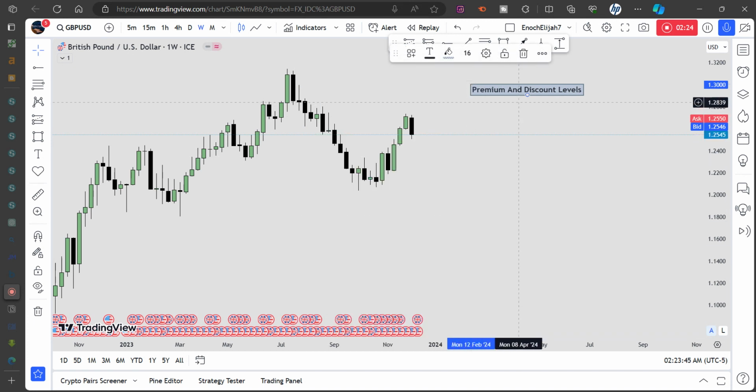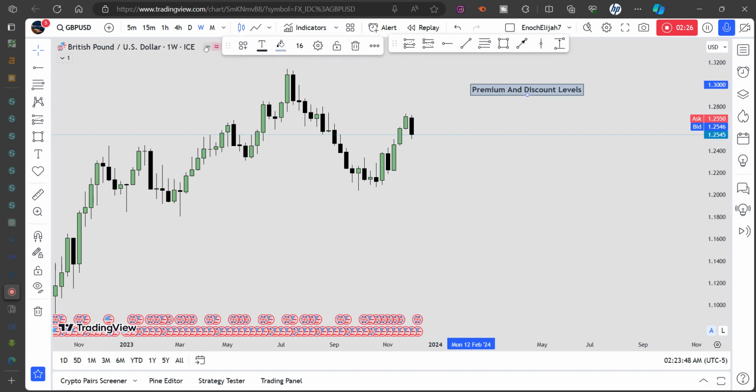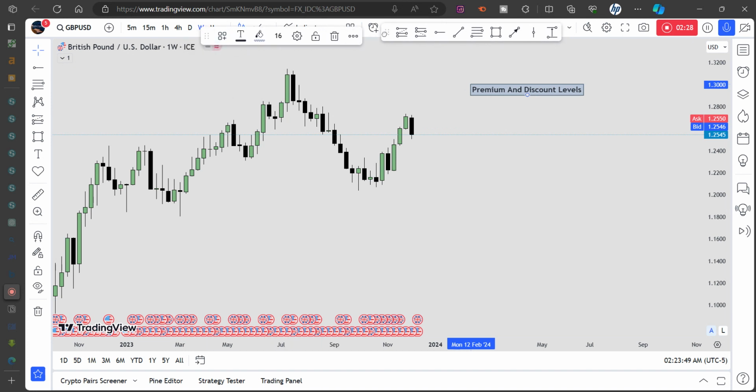Now, this is quite important on your chart, very important. You see, the logic of this market also applies to your normal day-to-day activities. When you go to your supermarket or go to any market, any store, you love to buy something at a very cheaper price compared to its original price, right?